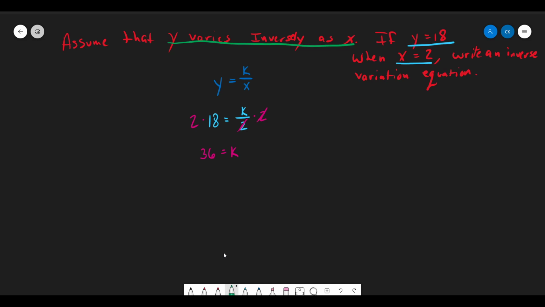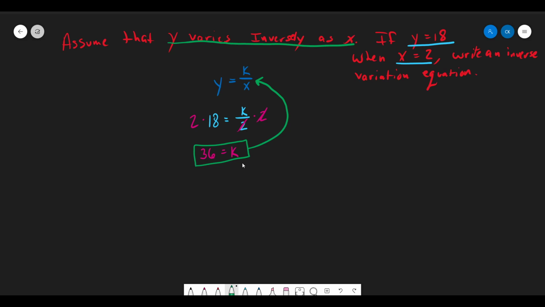Now the last thing I do is I just take this k that we just got and plug it back into this original y equals k over x. Don't change the y. Don't change the x. Just change the k. Leave y as y. Leave x as x. We'll make k what we just got because we want a function.